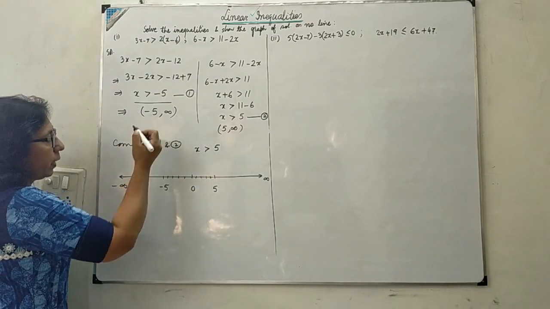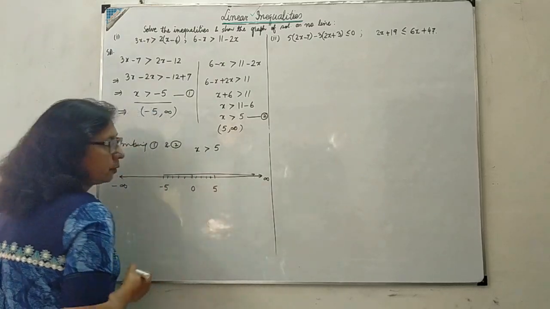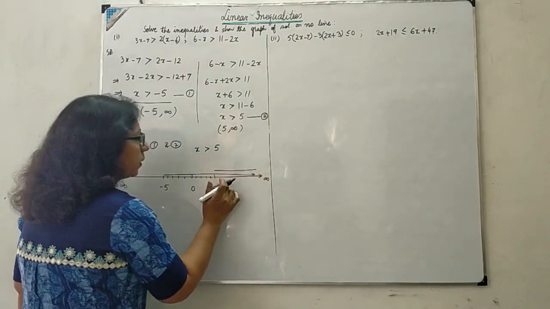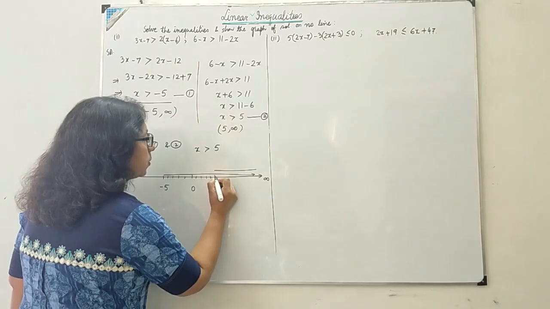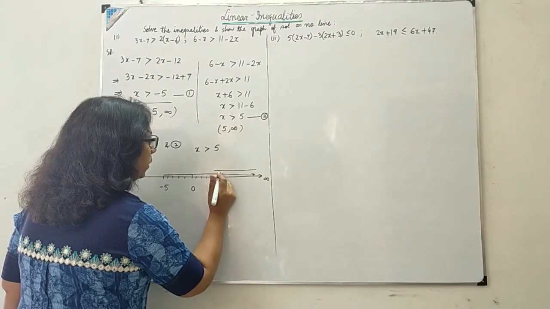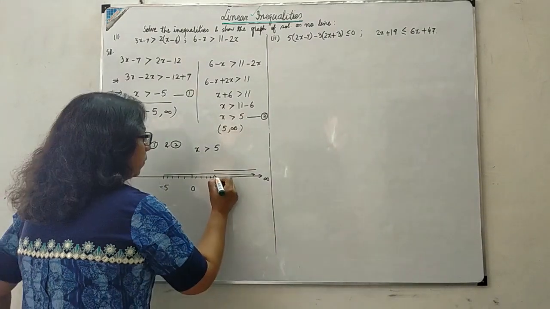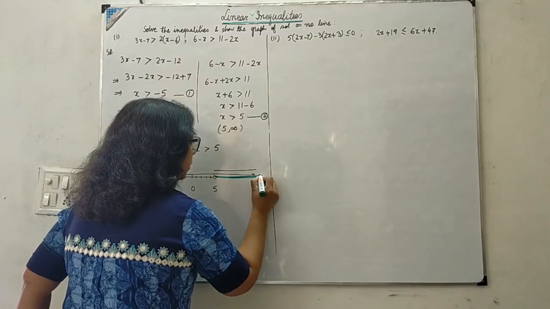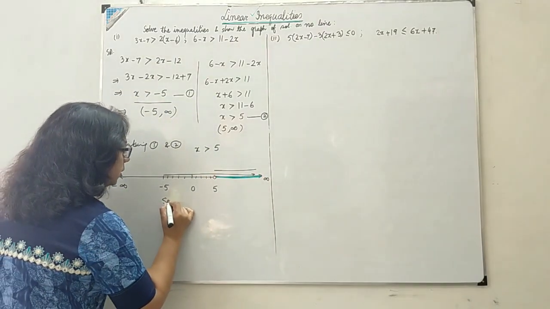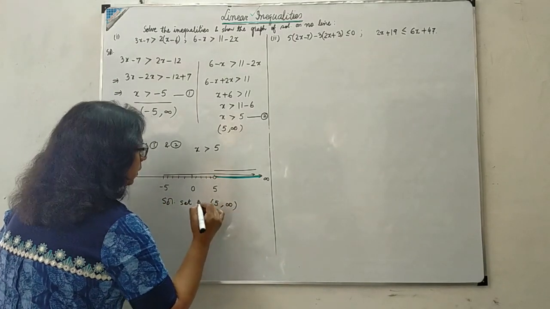You can see all the numbers greater than minus 5 on this side are the solution for the first inequality, and for the second inequality, all the numbers greater than 5. The common part is here, where 5 is not included, so it is an open circle. The common part is the solution, so the solution set is 5 to infinity.